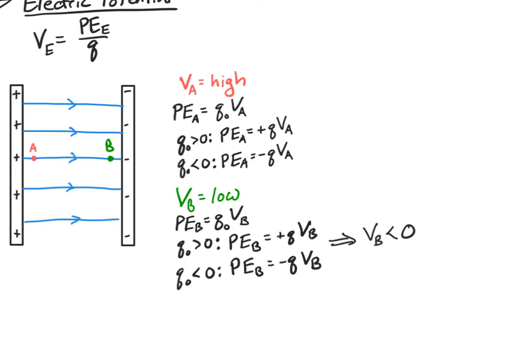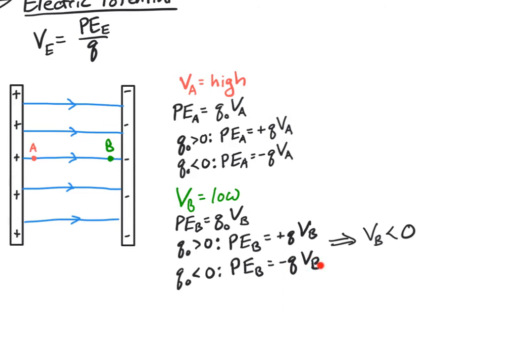Now this works, because if VB is a negative number, now my potential energy is negative. So over here, at point A, I have a positive value of potential energy for our positive charge. And at point B, I have a negative value, which means this value is certainly much smaller than this value was. On the other hand, over here, if VB is negative, then a negative charge times a negative potential gives us a positive quantity.